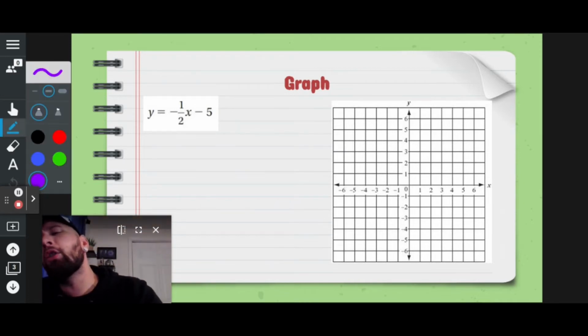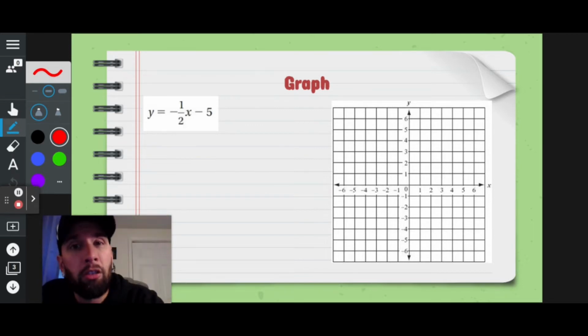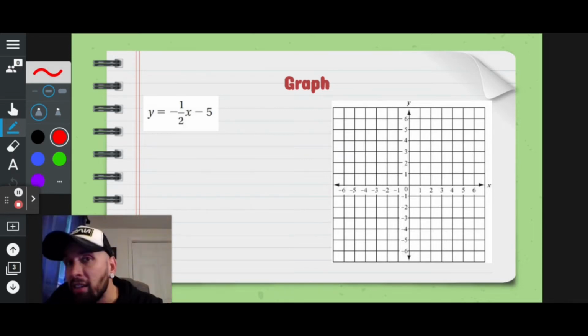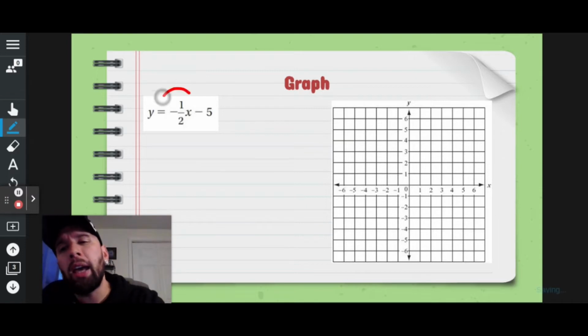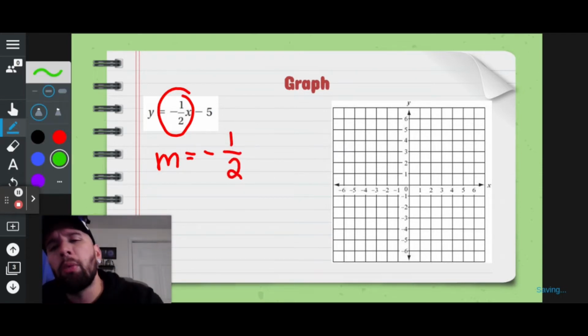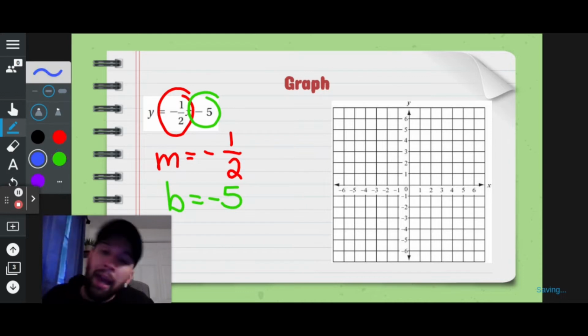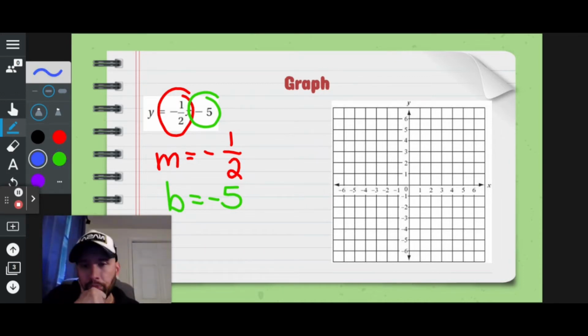The easiest way to graph a linear equation is when it is in slope-intercept form, because, as you saw from the last 3 problems, I can look at this and say my slope is negative 1 over 2, and I can also say that the number floating around, negative 5, is my y-intercept.